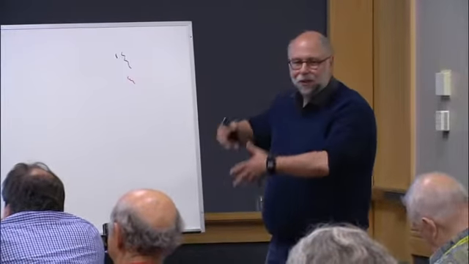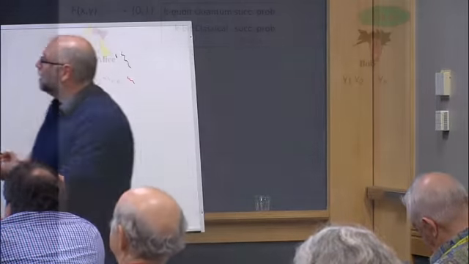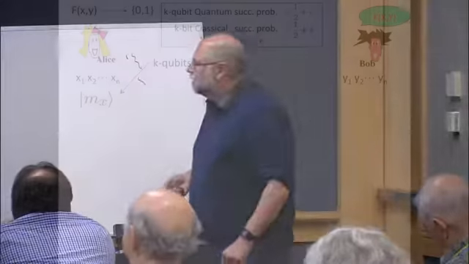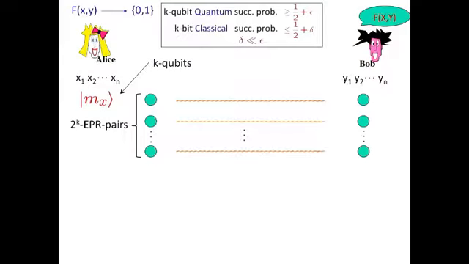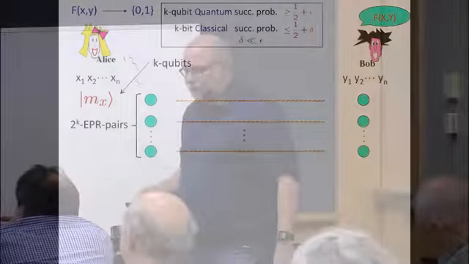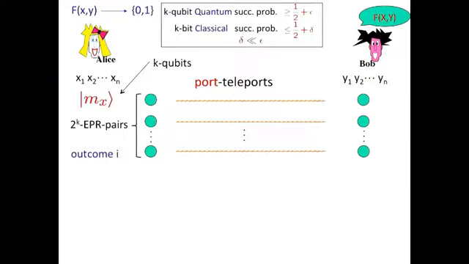So how are we going to use this protocol to build a non-local game? And here is how it goes. So here are the k qubits of Alice. And what she does is she teleports this state to Bob. And this was the second application of port-based teleportation. And she outputs i.